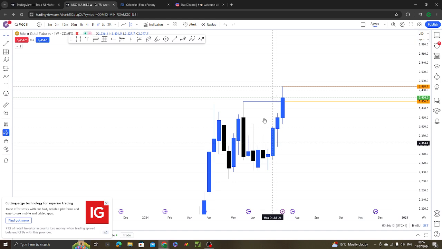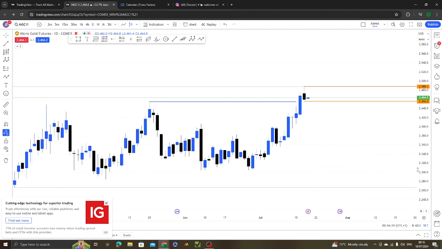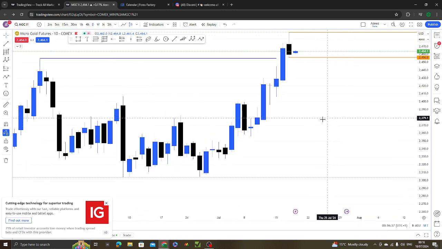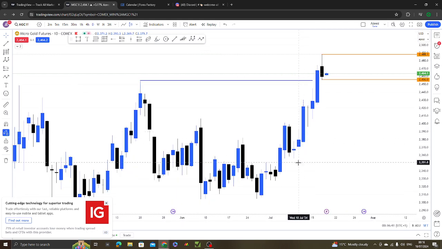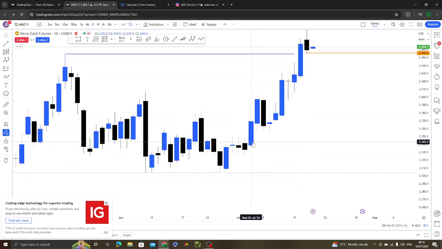Once you find out the liquidity that the market needs to be sweeping, or the market might go back to it because the monthly was telling you this market was bullish and you've got a buy side liquidity on that side, then you go down to the daily time frame. When you go to daily time frame, you look for any fair value gap that the market has been respecting here. There's one here.